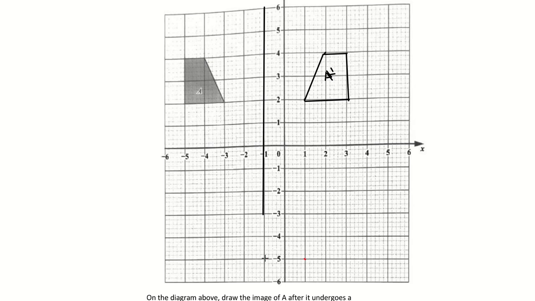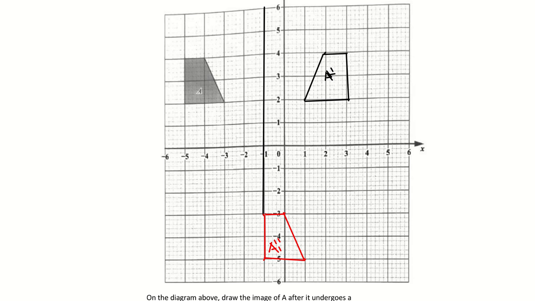Then we have 1, 2 that's here. Then 2 units that's here. And then 1 unit that's here. And this is how your second image is going to look. This will be the second image.